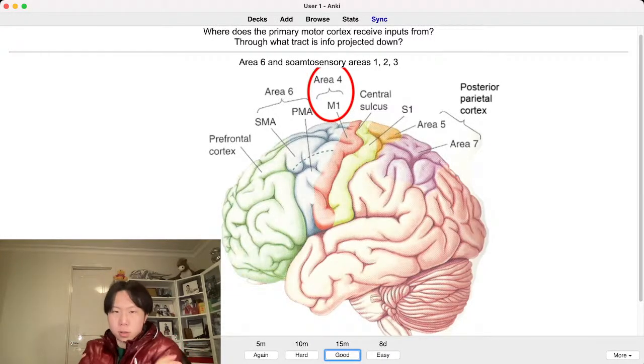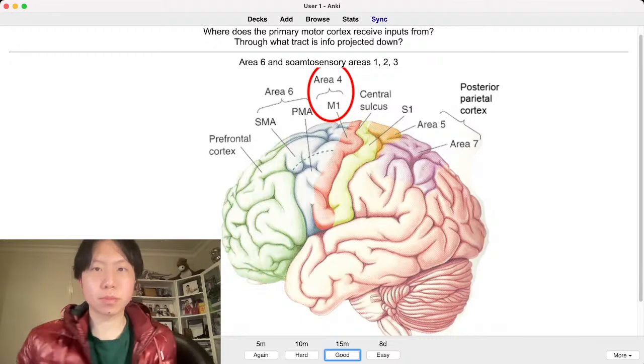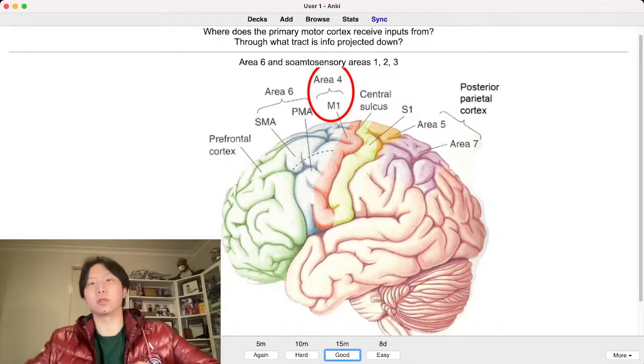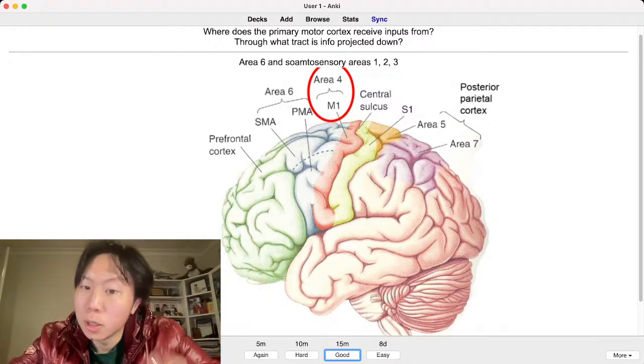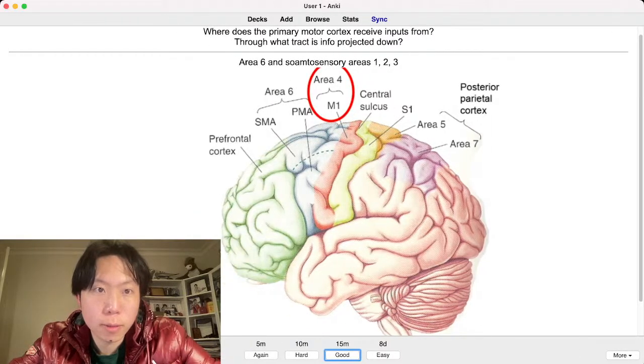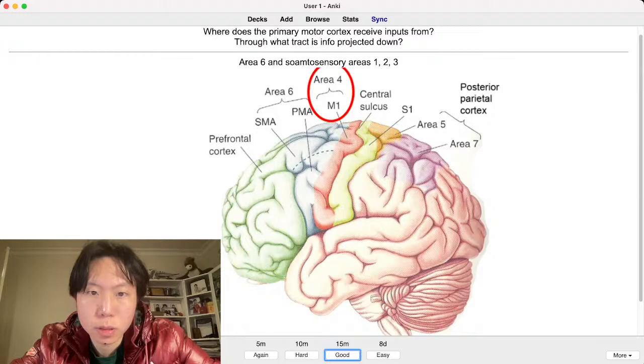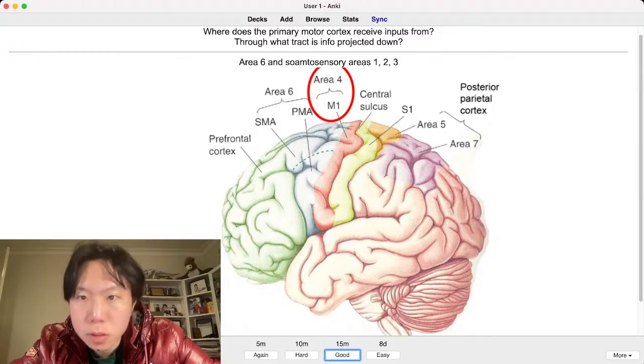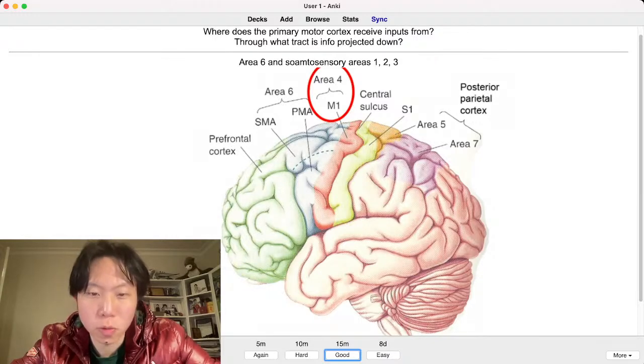I don't know where that is. Oh, okay. It's like there. 1, 2 is probably somewhere in here. It's not that important, honestly.